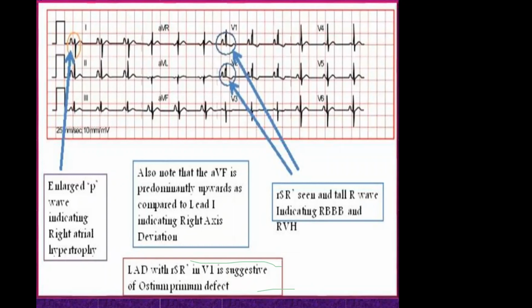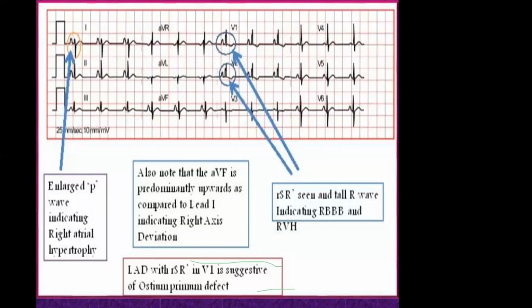Looking at this ECG, if you get this, how will you say ostium primum or secundum? It is right bundle branch block with left axis deviation, which means it is ostium primum.